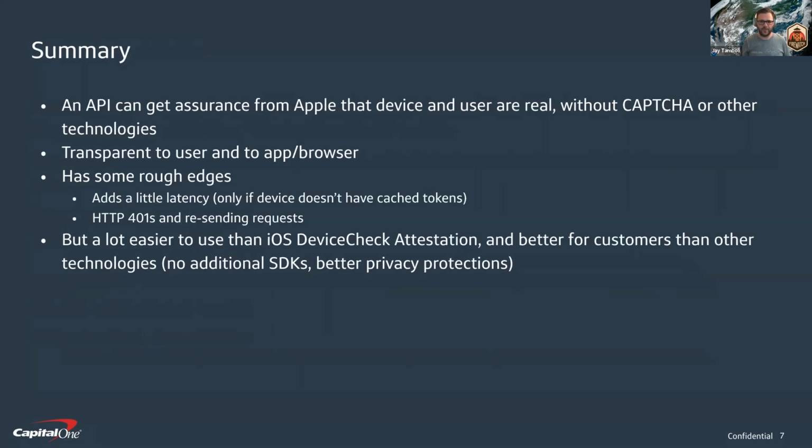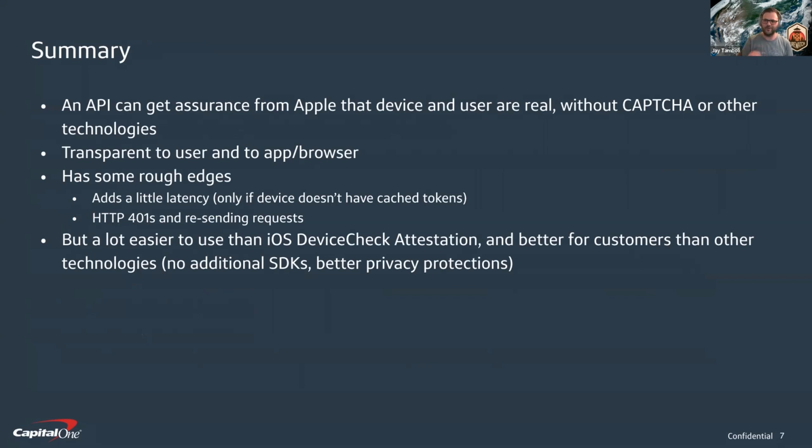So, as I said, this is a way to avoid CAPTCHAs or other similar technologies. It is transparent to the app and to the browser, which is kind of cool. But it can add a little bit of latency. iOS will cache tokens, and so if there are cached tokens on the device, it doesn't add any latency there.